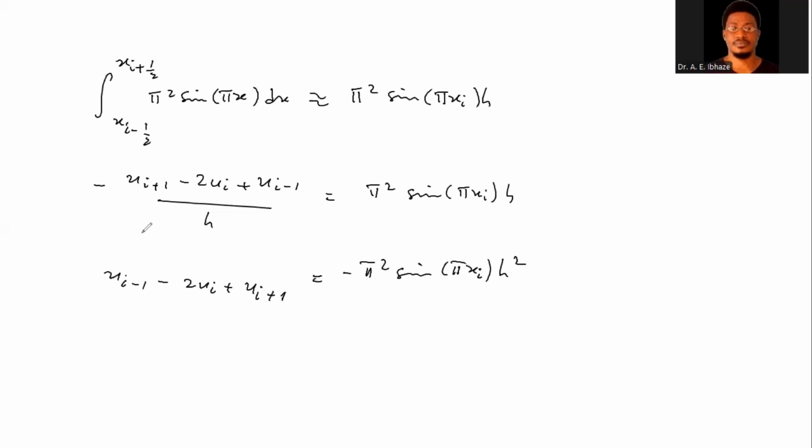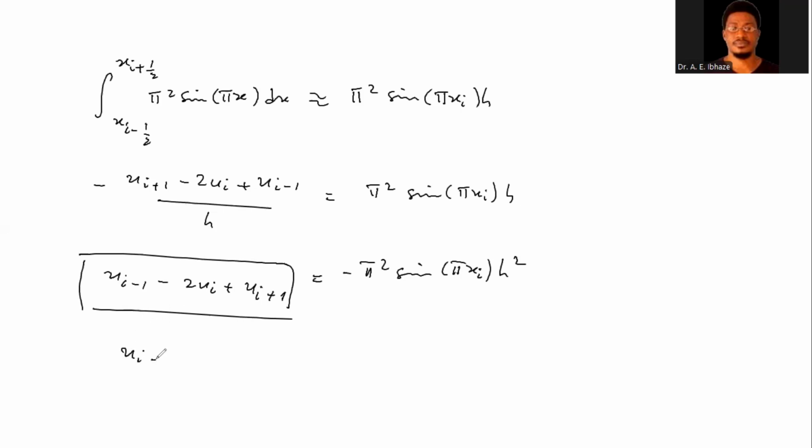And hence, since we have multiplied through by the negative, then we have the negative pi squared sine of all of that. And now you see that this form is the same form we got from the finite difference method. So we just switch this position. So this is now positive. This is positive, and this is also positive. So we just switch them, which is still the same. So we've not done anything different.